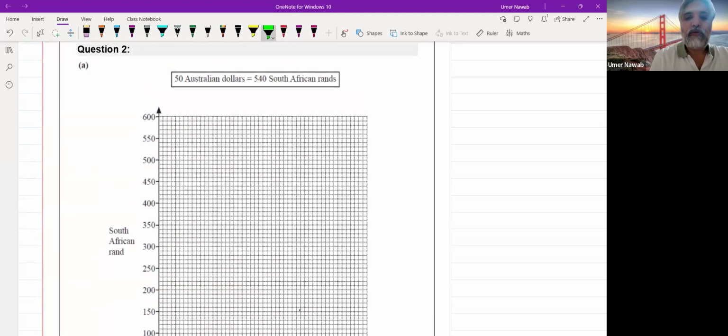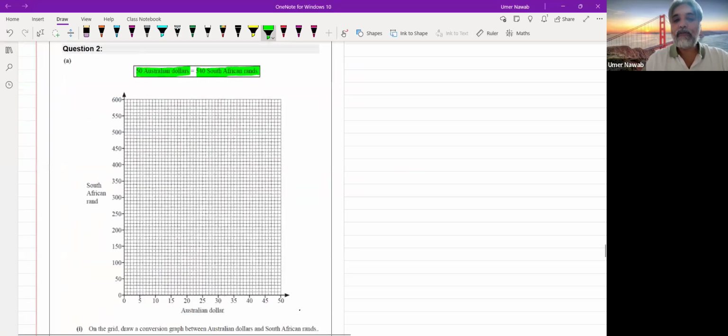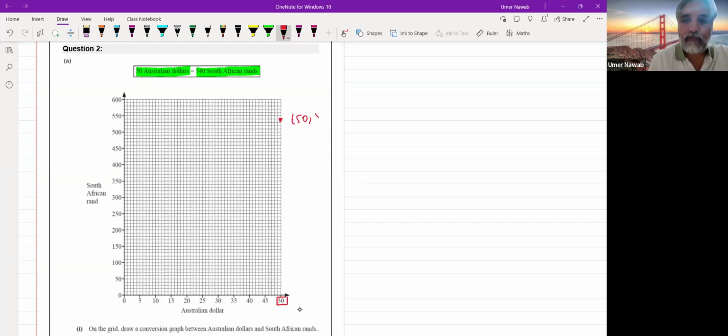In question number 2, guys, he tells us that 50 Australian dollars is equal to 540 South African rands. So the graph is not drawn. So I'm going to use this: 50 Australian dollars is equal to 540, which is this. So this dot is representing 50 and 540.